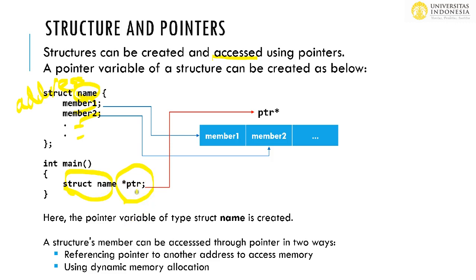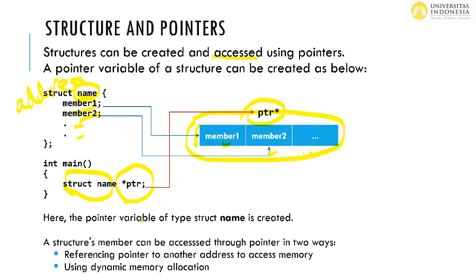So a pointer variable PTR here refers to the address of the location of the data in the memory, and in those locations each data is located. Okay, so member 1, member 3, etc. here can be accessed using the address of the structure itself. So the first address of the structure can also show the data when you refer to it with a pointer.